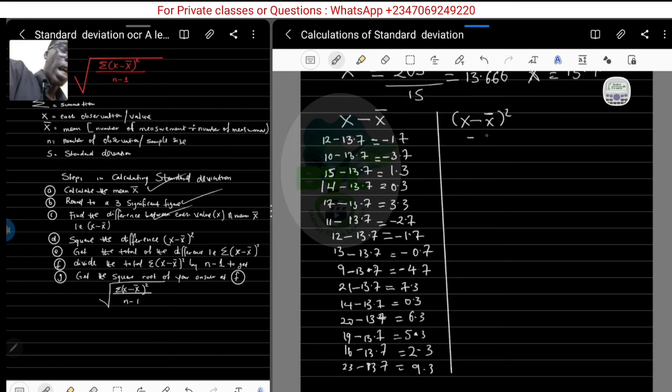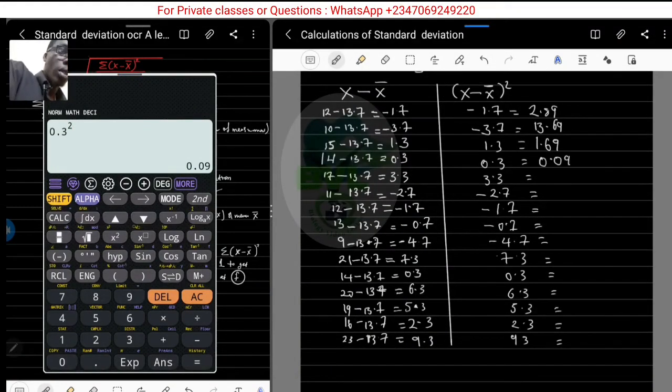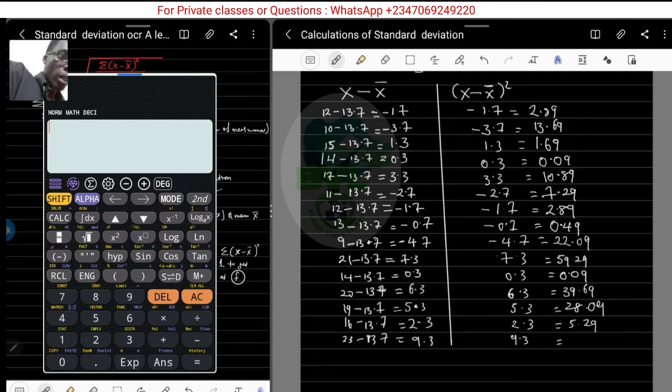That means each of the answers you have from there, 0.7 squared, minus 3.7 squared, and so on. That's going to be 86.49. Woo! That was quite some calculation.